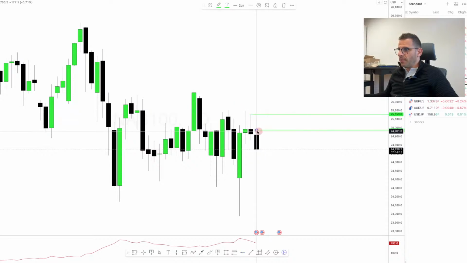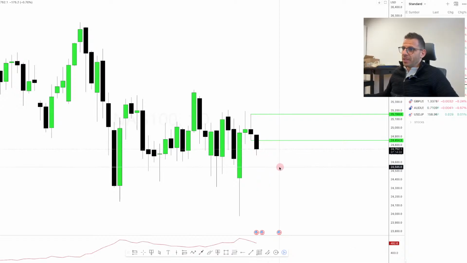Previous day's high, previous day's low already taken out. That means we're likely to have a bearish session today. But let's check the lower time frames.